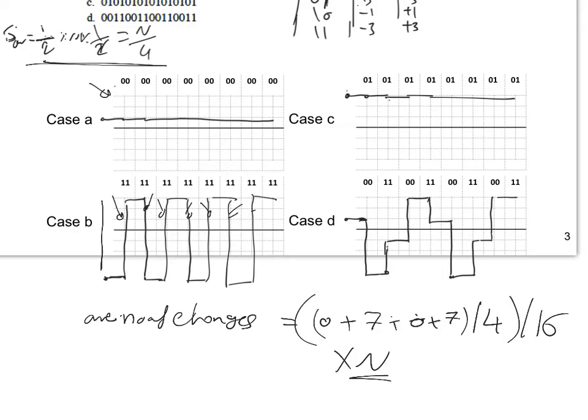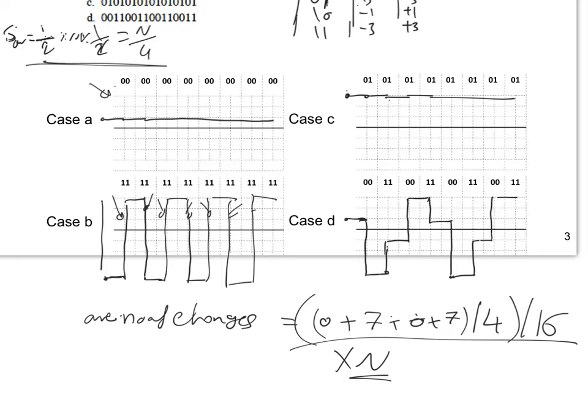So this is the average baud rate, but based on these 4 signals only. That's what the question asks for, because this calculates the average number of changes for these 16 bits. So the average number of changes per bit is to divide by 16, and then multiply by any n.